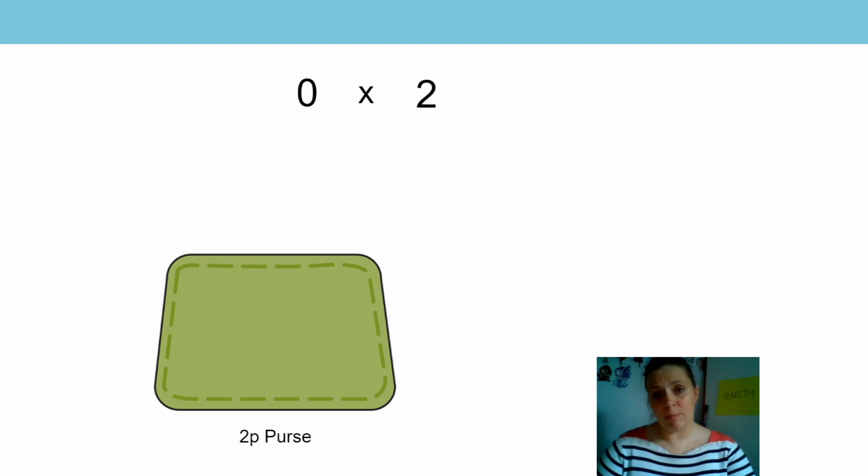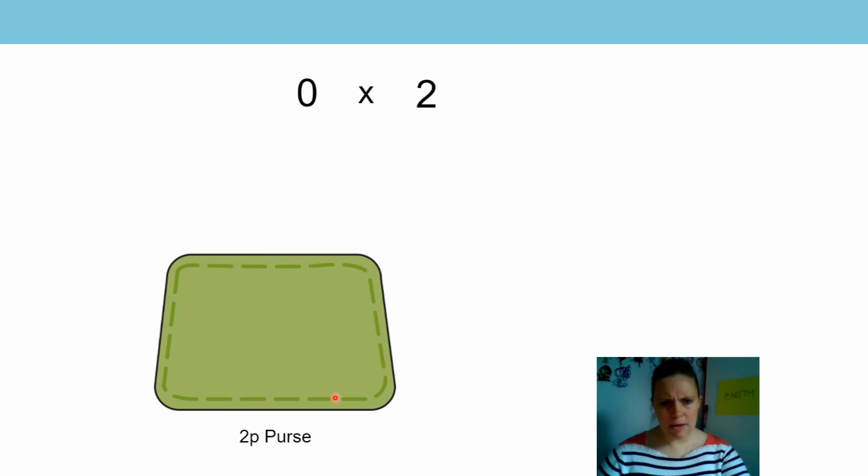We know it's my 2p purse, so it has a value of 2. But I'm just wondering, what would the product be? 0 times 2 equals something is the product of 0 times 2.